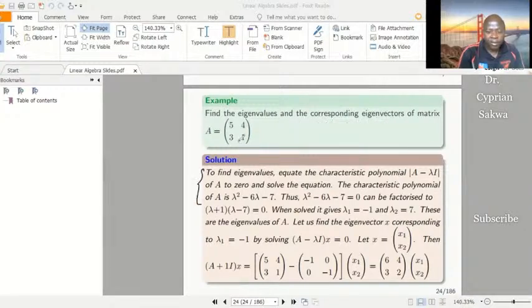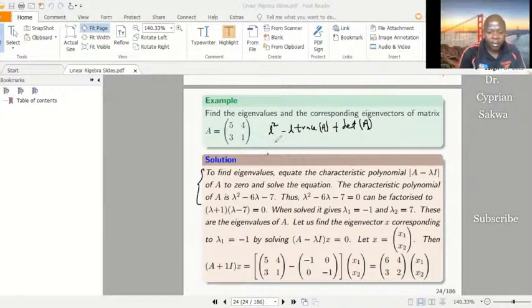Now, we already said that the other formula for getting the characteristic polynomial is lambda square minus lambda multiplied by the trace of A, and then plus the determinant. Right now, you are familiar with how to get the characteristic polynomial because we began with that.